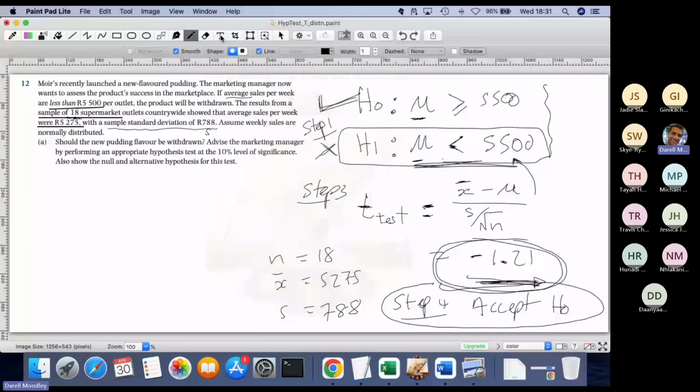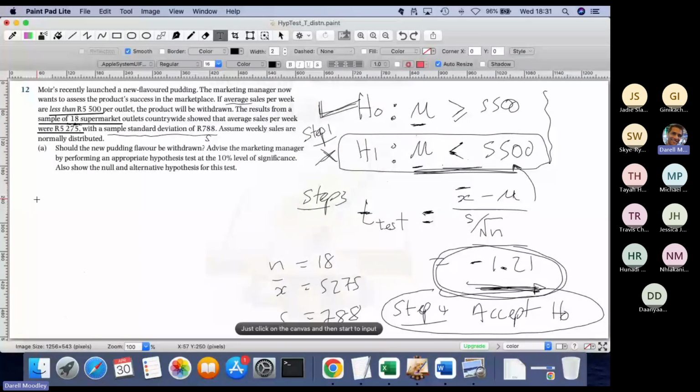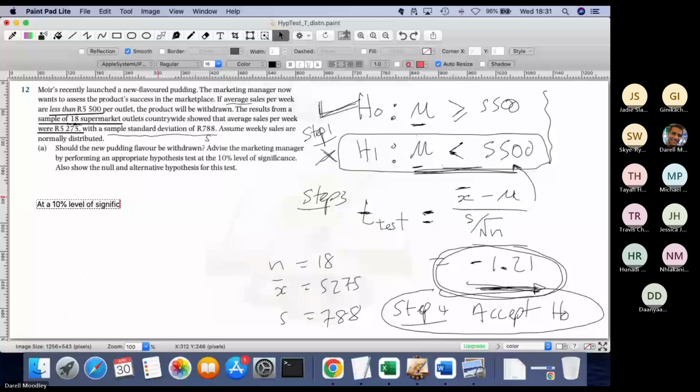How you would state this, you would always start with your level of significance. So at a 10% level of significance, we accept H0 and do not withdraw the product.